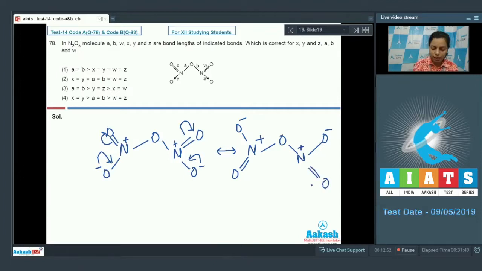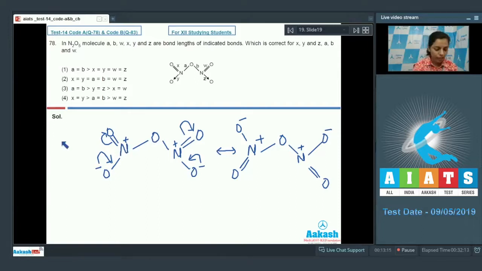So you can clearly see that this nitrogen oxygen bond and this nitrogen oxygen bond are showing partial double bond character. Similarly, these two are also the similar type of bond, and that is why they have the same bond length. But if I talk about this nitrogen oxygen bond, this is a single bond, and definitely the bond length of a single bond is more than that of a double bond.